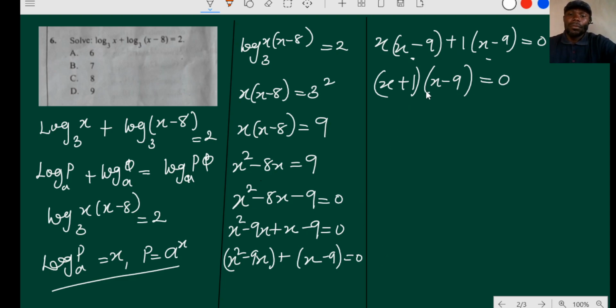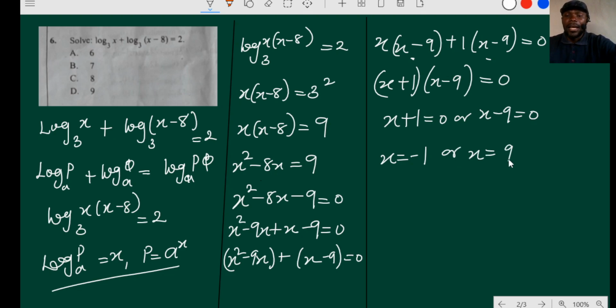So x plus 1 is equal to 0, or x minus 9 is equal to 0. So x is equal to minus 1, or x is equal to 9.